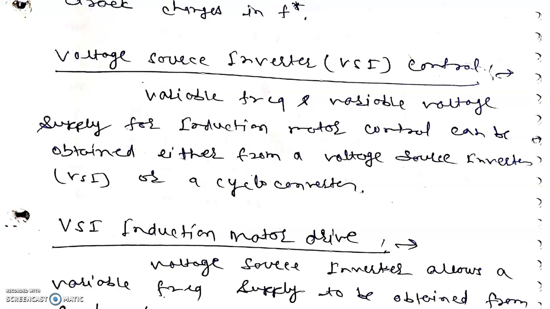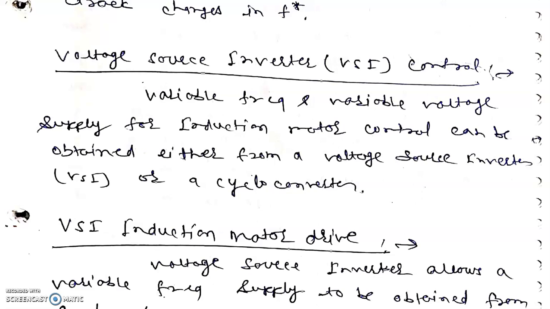We have already studied the VSI, voltage source inverter, and CSI, current source inverter, in the previous semester in power electronics. We can use the VSI and CSI to control the speed of the induction motor drive. The VSI is used to get the variable frequency and variable voltage supply for the induction motor.